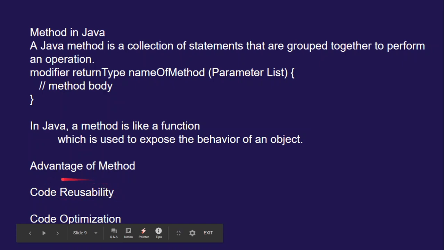So methods are mainly used for reusability, and they also help with code optimization. When we are not using repeated statements, naturally we are also reducing the variable references, so the optimization is done in memory also.